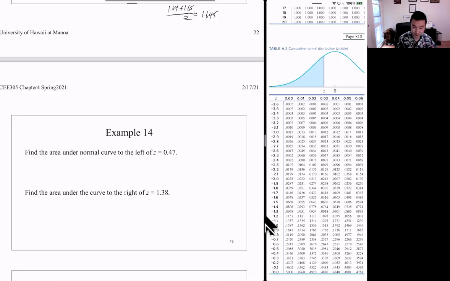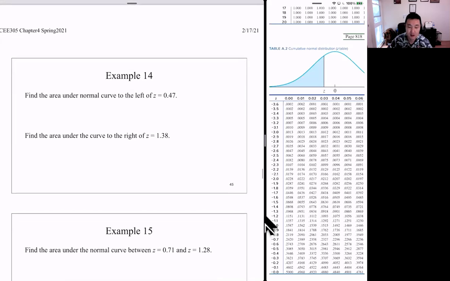Okay, you're welcome. I think we stopped here last time. All right, so let's slow down and talk about more practice. Find the area under the normal curve to the left of z equals 0.47.